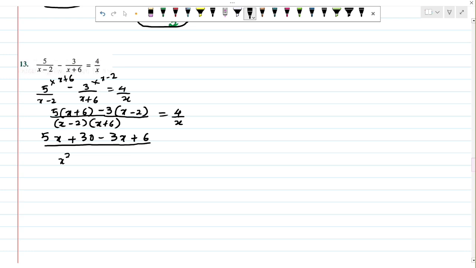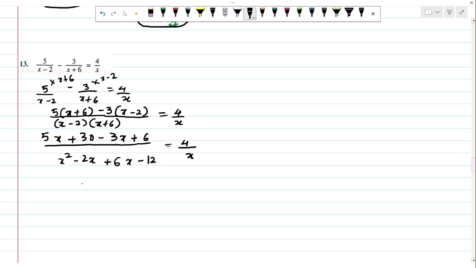So this becomes 5 into x, that is 5x plus 30 minus 3x plus 6, divided by, this becomes x square, 2 into x is 2x minus 2x plus 6x minus 12, which is equal to 4 divided by x.